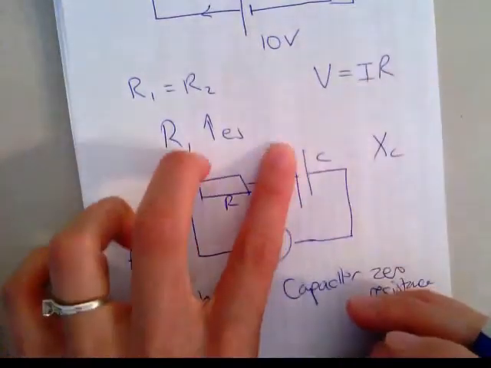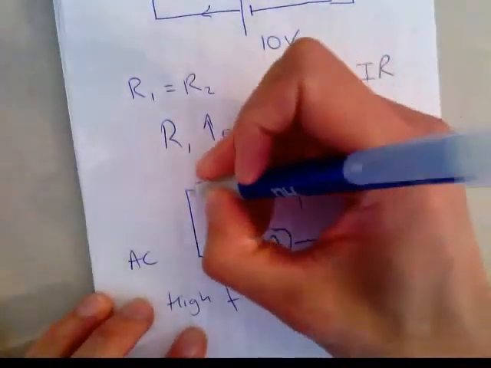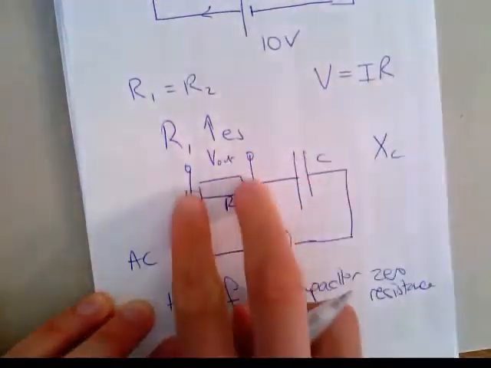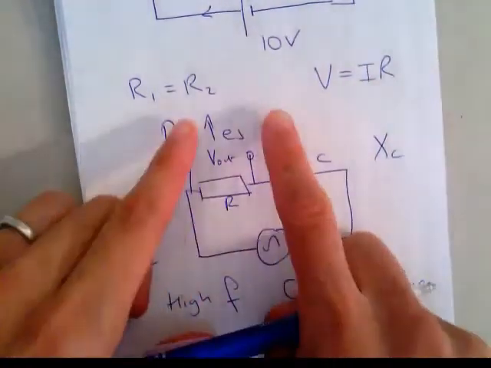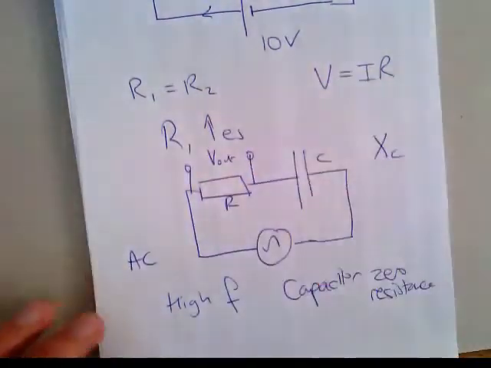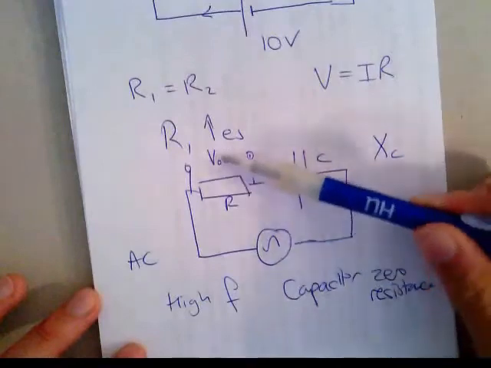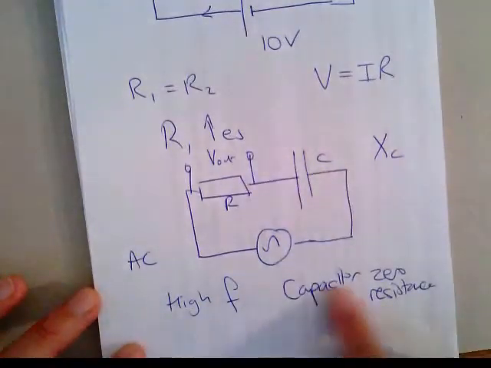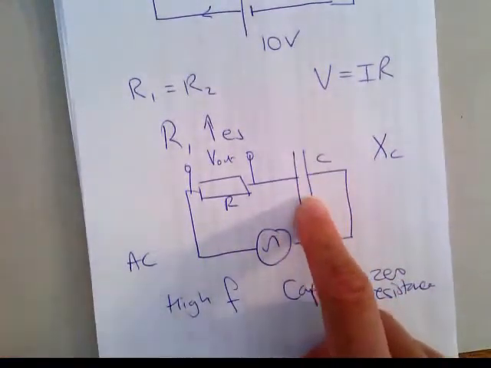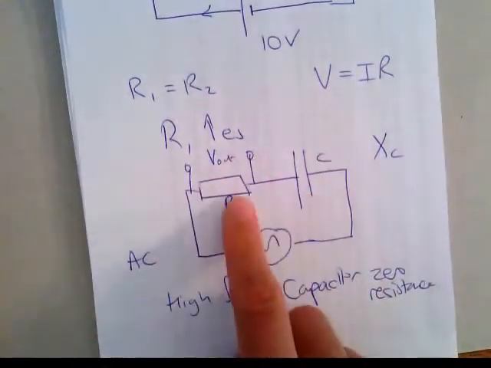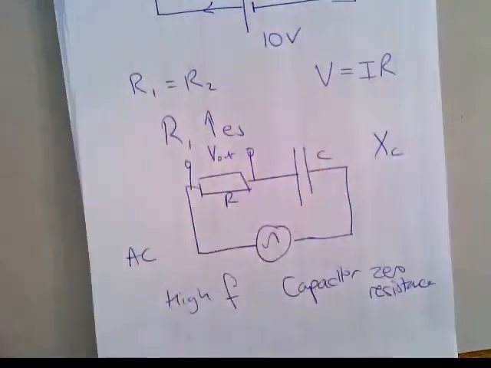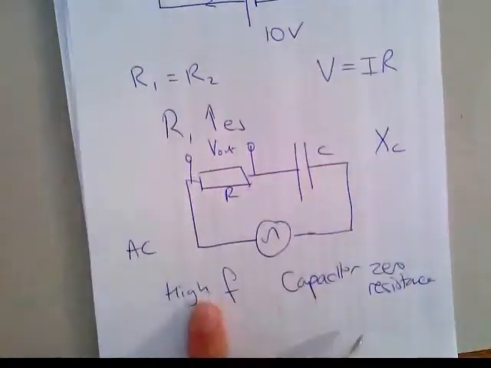So in that case, if you decided you wanted to use the voltage across the resistor as an output, here we have two output terminals, and we could use this V out over the resistor to supply another circuit, so this would have a load attached to it. If the capacitor resistance is 0 at high frequencies, then all of the voltage from here will be dropped across this resistor. So V out would be very, very big at high frequencies.